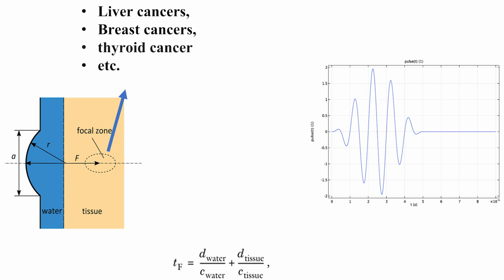The focusing of an ultrasonic signal is typically achieved either by using a phase delay or a focusing lens on the transducer side. In this model, a spherically focused ultrasound transducer with a concave lens is used to emit the signal. The transducer housing and the lens are assumed to be rigid.